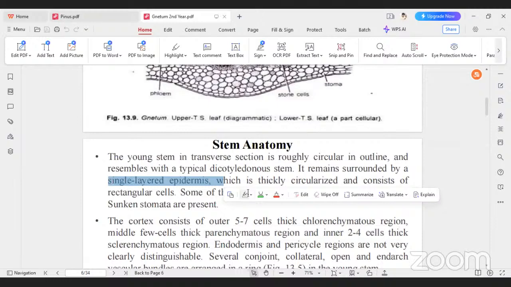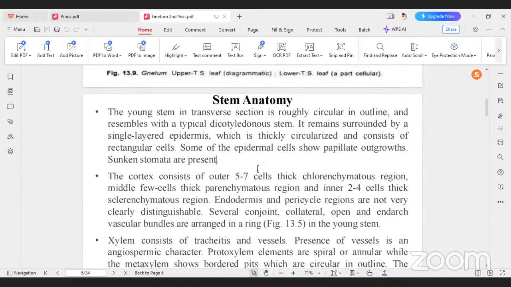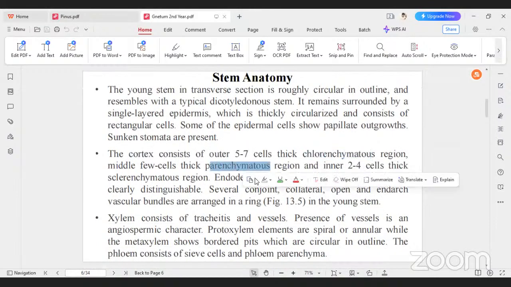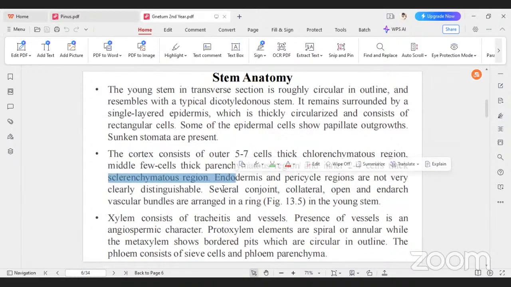You can see outgrowths and sunken stomata present; they are the characters of the epidermis. The cortex is actually not single layered; it is more than one layer, 5 to 7 cells, made up of a chlorenchymatous region, a middle parenchymatous region, and an inner sclerenchymatous region. So different types of groups of cells are there in the cortex.